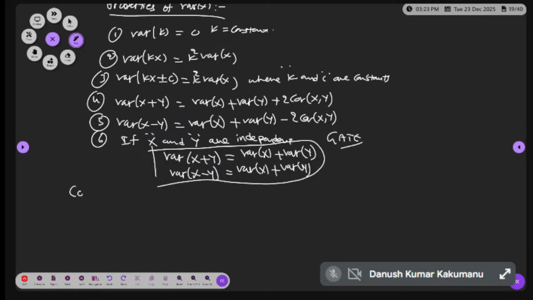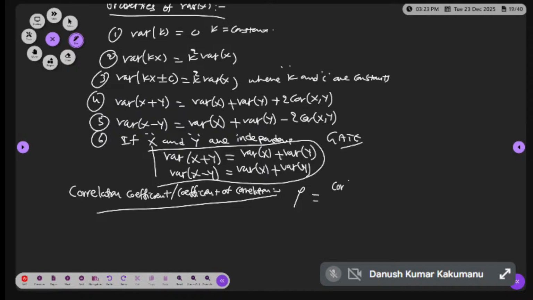Correlation coefficient, coefficient of correlation. It is represented as rho.